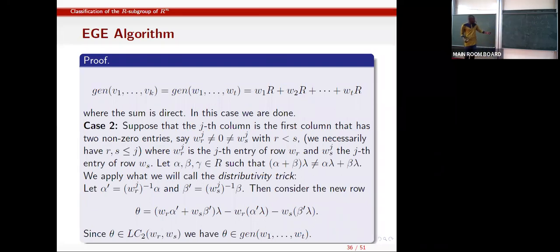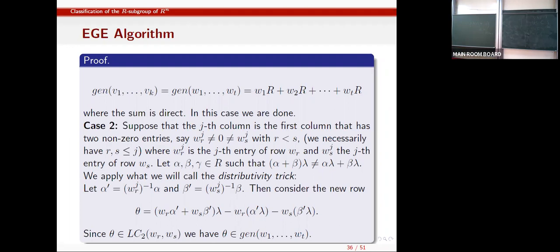So we have already two non-zero entries at the J-th column. So now we're going to find a procedure in order to eliminate this, in order to find one non-zero entry at every column. That's the idea.